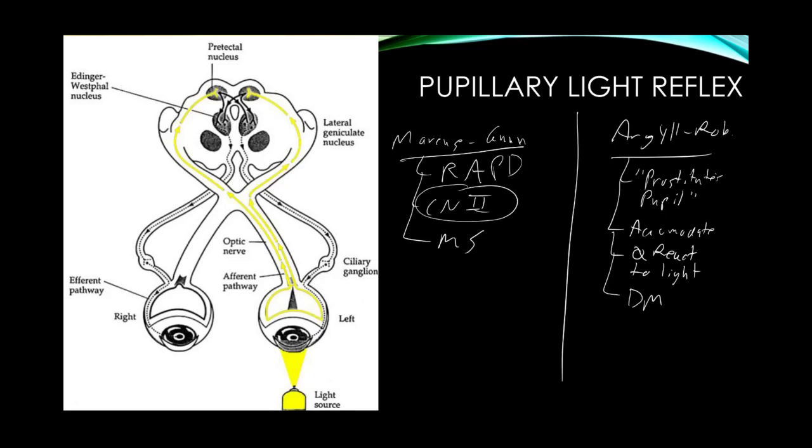Okay. The Argyll Robertson pupil, or prostitute's pupil, is seen in neurosyphilis. Diabetic patients can have it. Diabetics get eye problems all the time.